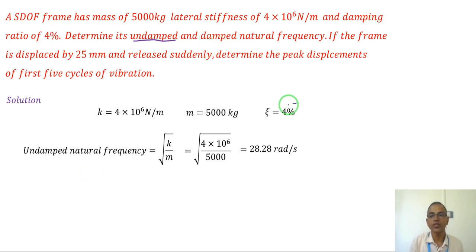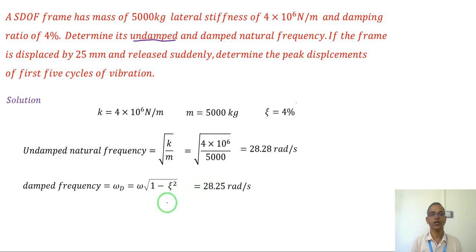The damping ratio is 4%, very small, so I can understand that omega d and omega n are the same, because the square root of 1 minus zeta square is almost close to 1. Still we can find it: 28.25, very close to 28.28. This is the damped frequency.